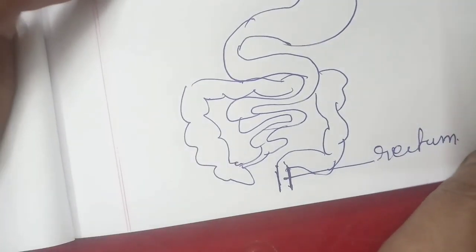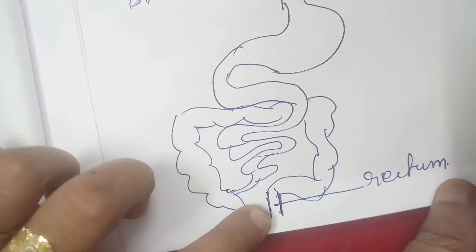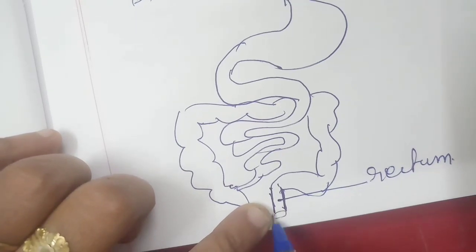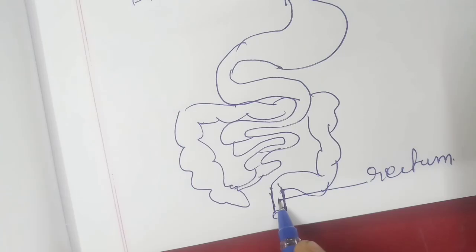So, you can see this columnar epithelium in the digestive tract from the stomach till the rectum. Final part is anus, and till the rectum, this columnar epithelium is found.